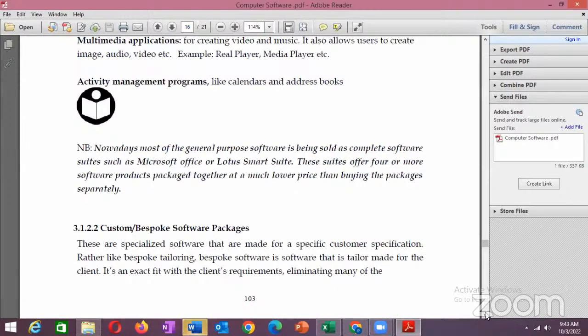Nowadays, most general purpose software is sold as computer software suites, such as Microsoft Office and Lotus SmartSuite. These suites offer four or more software products packaged together at a much lower price than buying the packages separately.